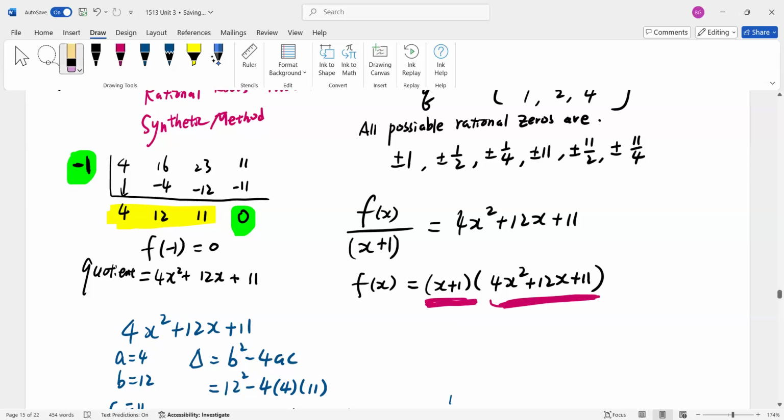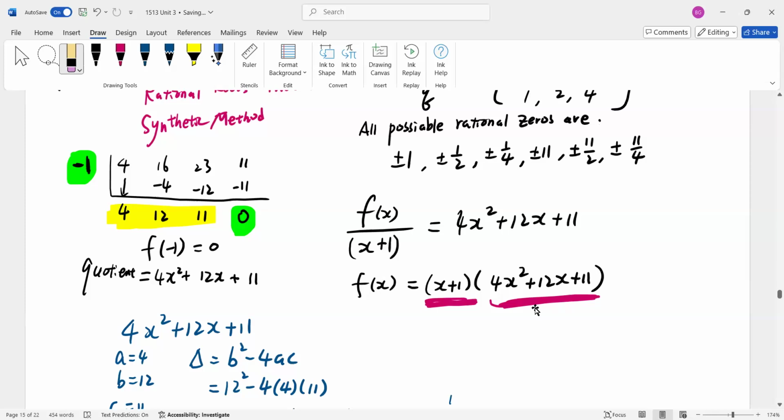And how do we get that quadratic trinomial? That quadratic trinomial is the quotient of the original given polynomial. When we divide that polynomial by x minus k, the yellow part gives us the quotient. So the synthetic method is a very important application here.